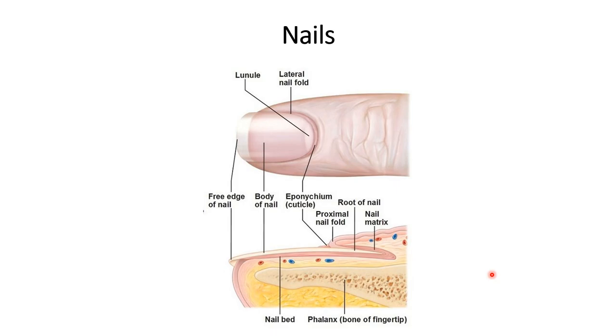Now we move on towards nails, where you can appreciate that it is a translucent rectangular plate that covers the dorsal surface of the terminal phalanges.